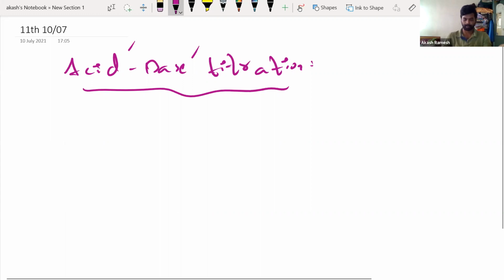The question is, find the molarity of the HCl solution. I'll repeat the question, people. 0.265 grams of Na2CO3 required 28.5 ml of HCl solution for titration. The question is, find the molarity of the HCl solution.